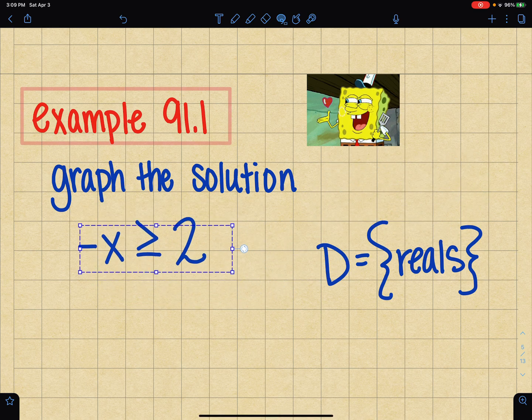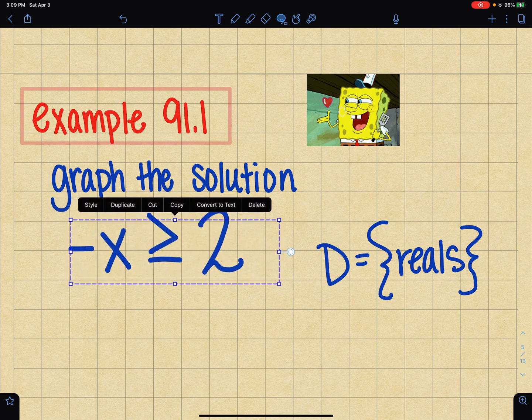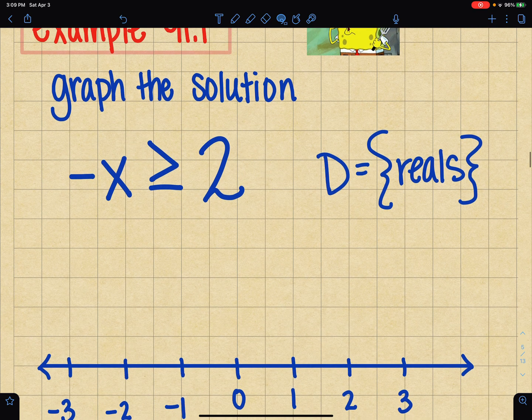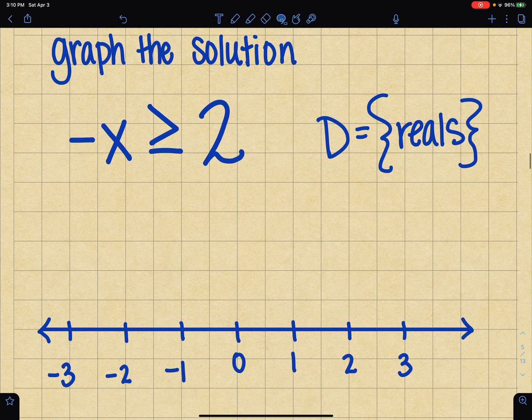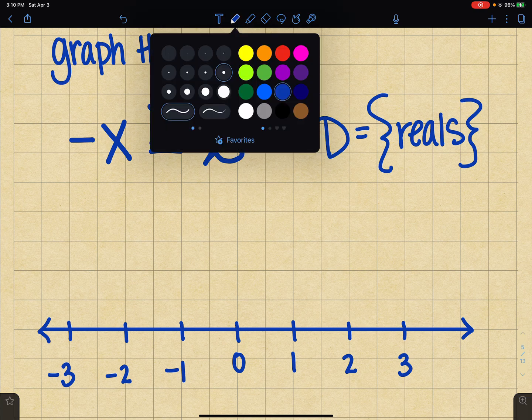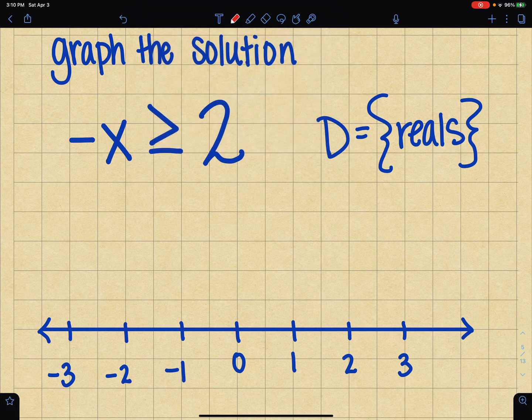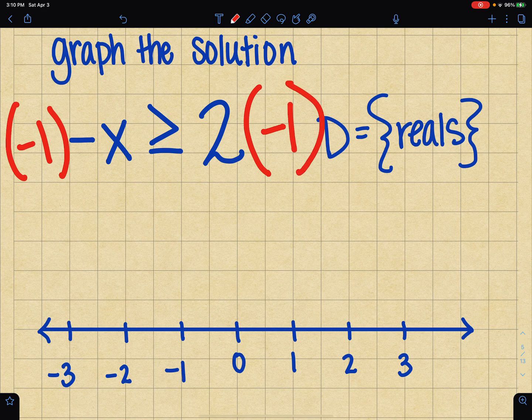The domain is all real numbers, so that's important. Now, what am I going to do to solve that? I'm going to multiply everything by a -1. So -1 here, and multiply this by -1.